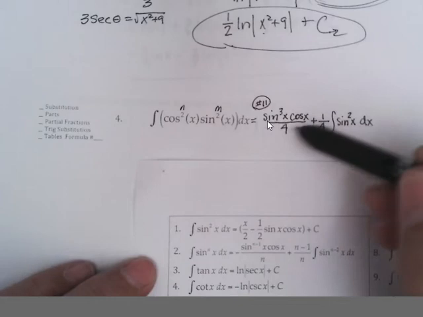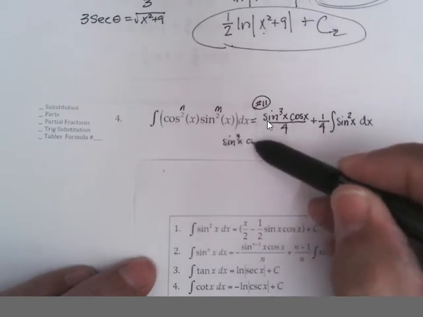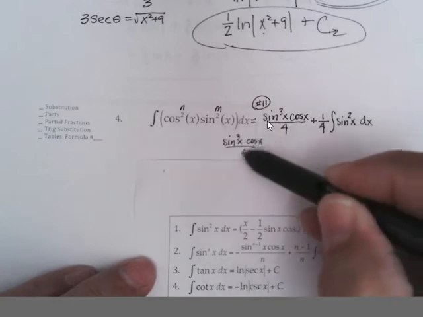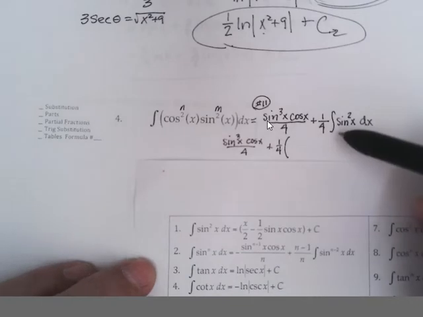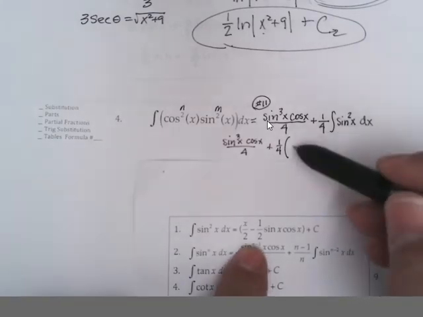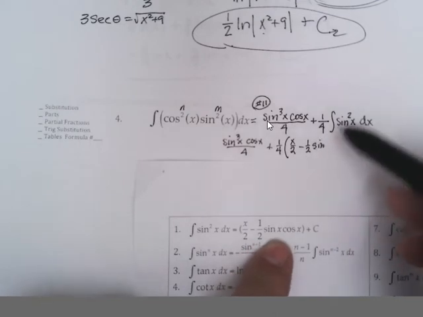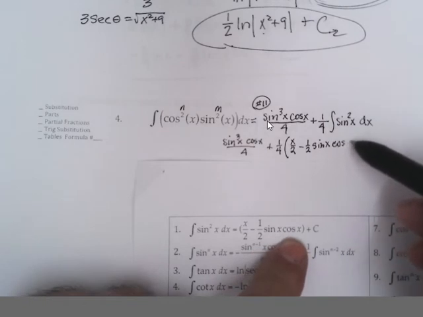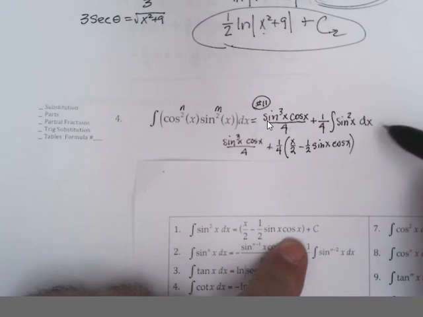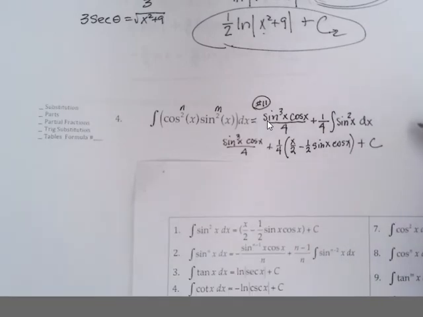So we have sine to the third x cosine x over 4 plus 1/4 times the sine squared formula, which is x over 2 minus 1/2 sine of x cosine of x, plus c. And that would be it.